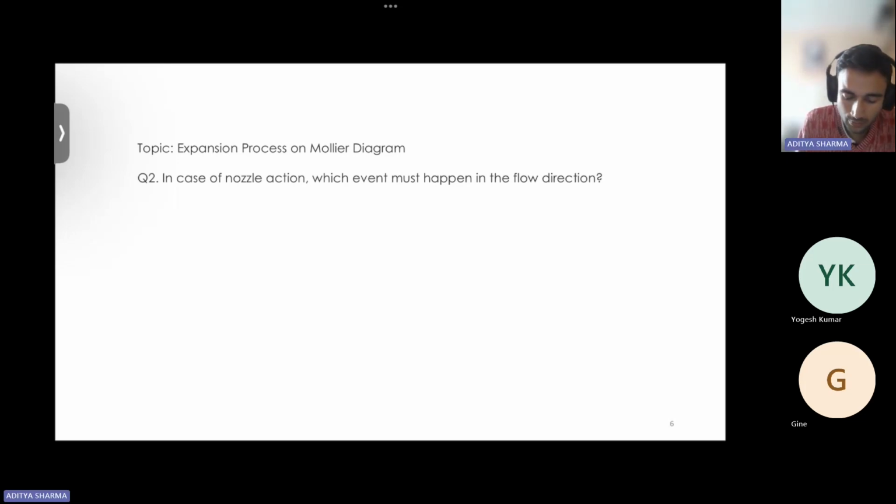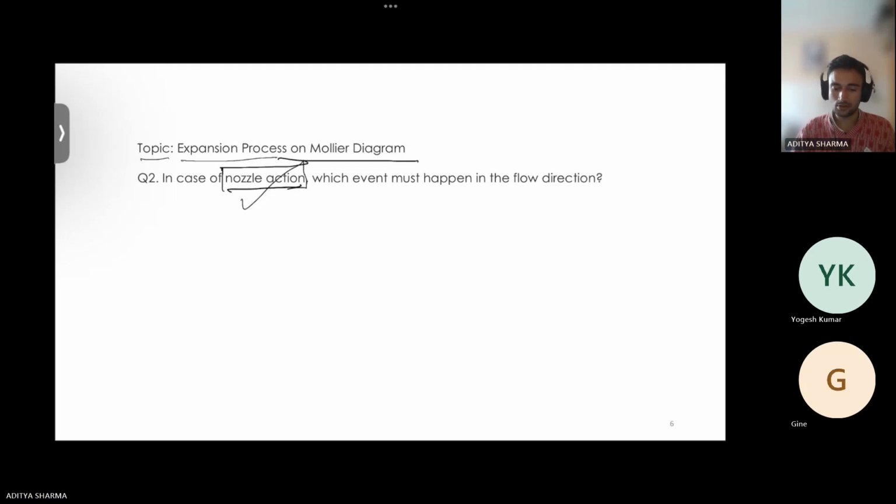Okay. So this topic is expansion process in Mollier diagram. The question says in case of nozzle action, which event must happen in the flow direction? I have already discussed what a nozzle action means. So let's see the options first.